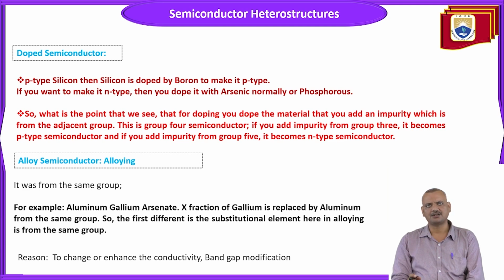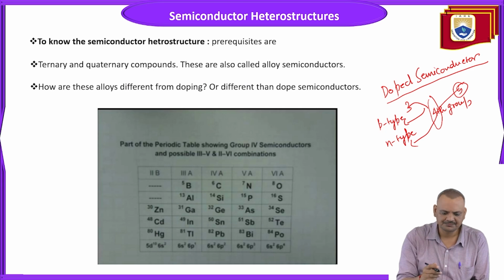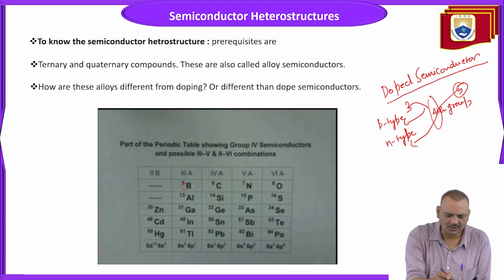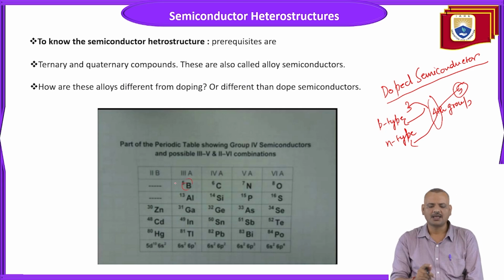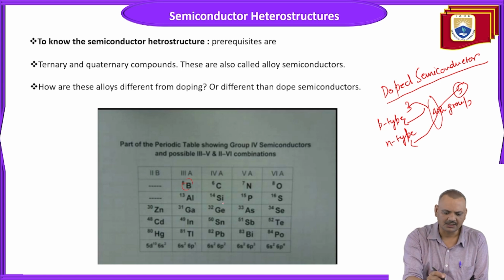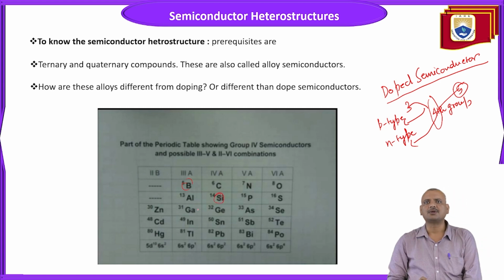Take p-type silicon. Suppose you want to make p-type silicon, then silicon is doped by boron. See, this is boron, a third group element, and this is silicon, a fourth group element.